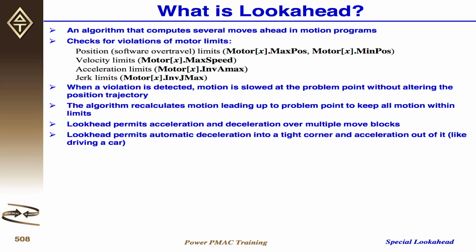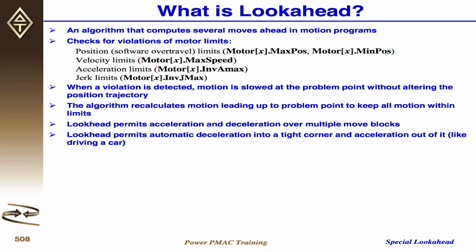of the motor limits. So if you have the velocity limit of the motor with Motor[x].MaxSpeed and your acceleration limit Motor[x].InvAMax, it will check for these violations through the trajectory, the path.